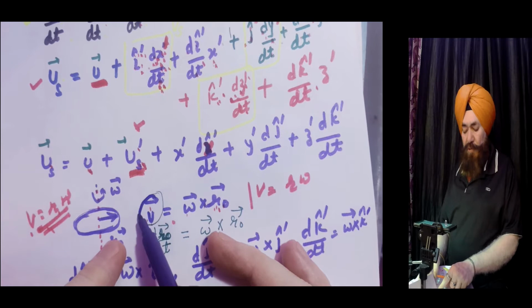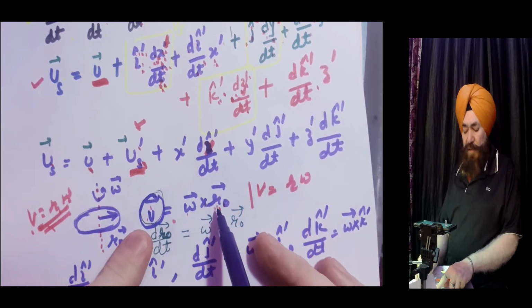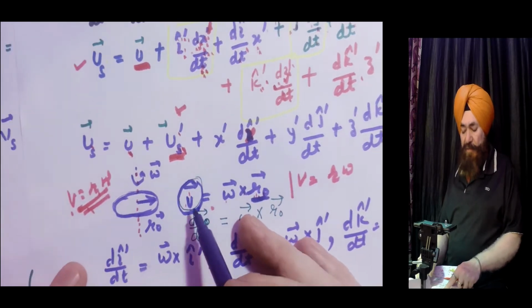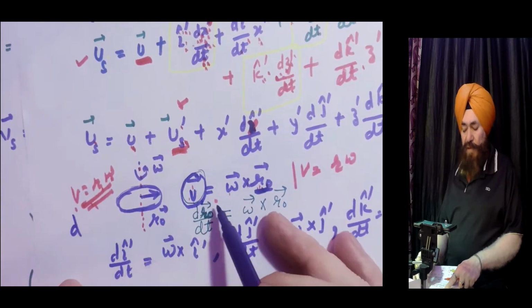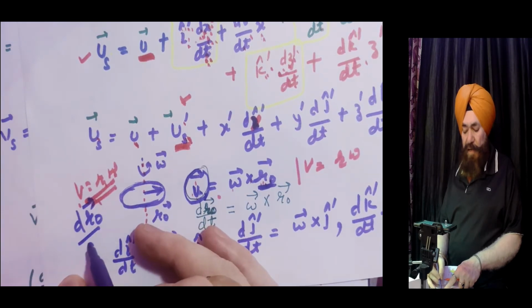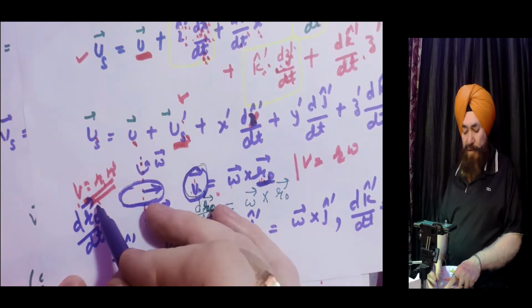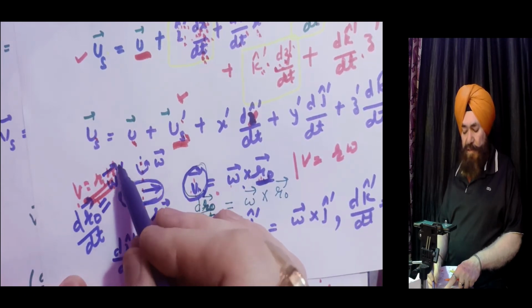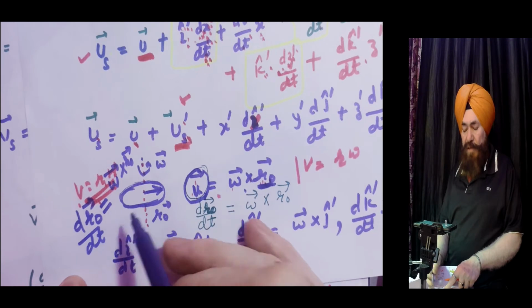Now how do you write the v vector? If you have r naught vector here, you will write this relation as v, meaning distance over time, d r naught vector over dt, equals omega vector cross r naught vector.